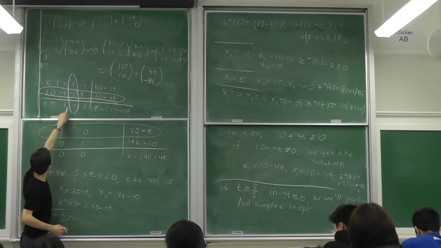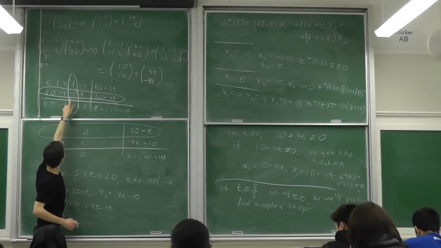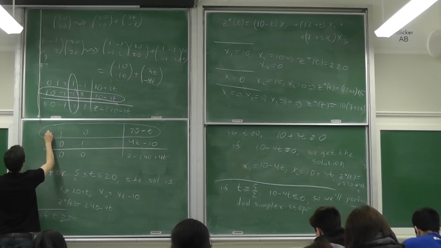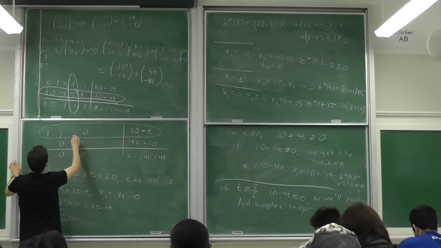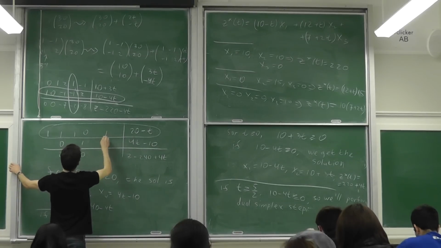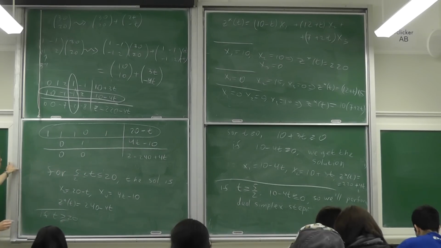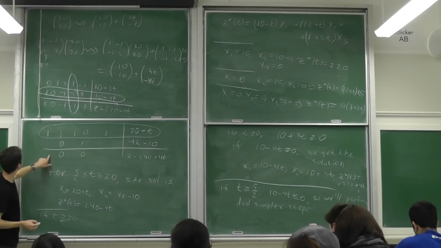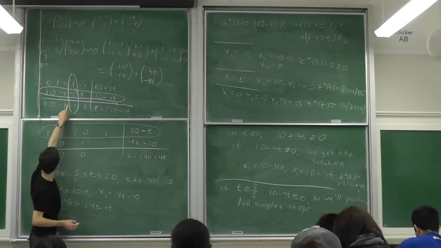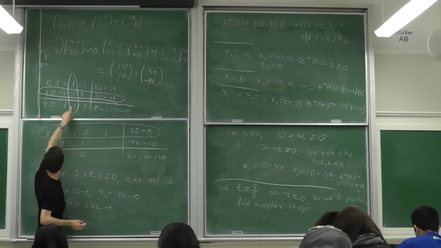For this one, I'll have to add to the first row the second one. So that will be 1, 1, 1, 0, 1. Okay, very convenient coefficients. This one, I should subtract 2 times the second row.